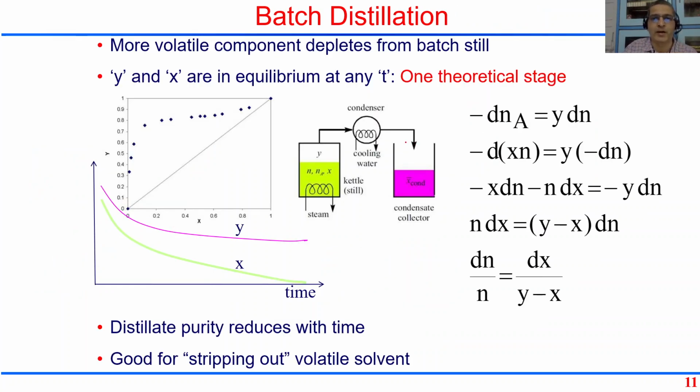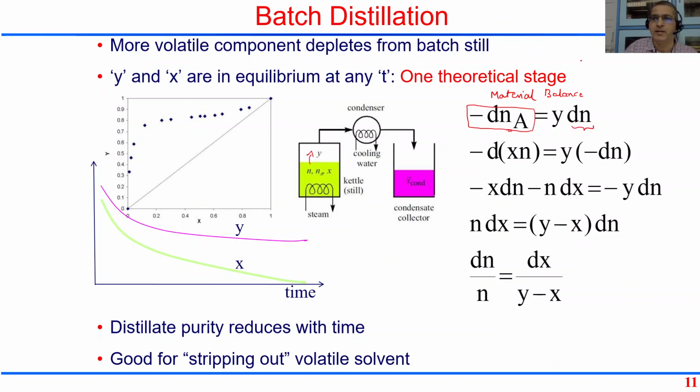So first point is that if I try to write a material balance, this is our material balance on this single stage, and let's say Na moles of A are vaporized. Na is the moles of A. So we can recall that these many moles of A, if they are vaporized, must be coming from the total N moles.